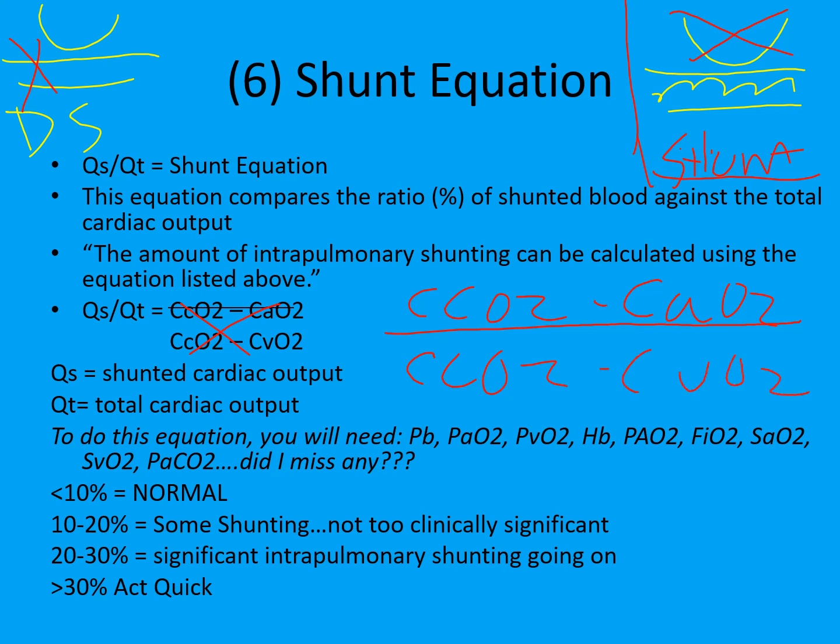The dividing line just got mixed up here. So you're taking your capillary content minus your arterial, over your capillary content minus your venous. When you divide these out, it will give you how much this patient is shunting.